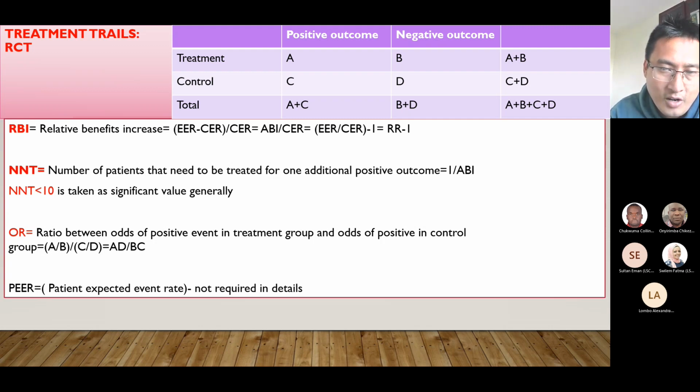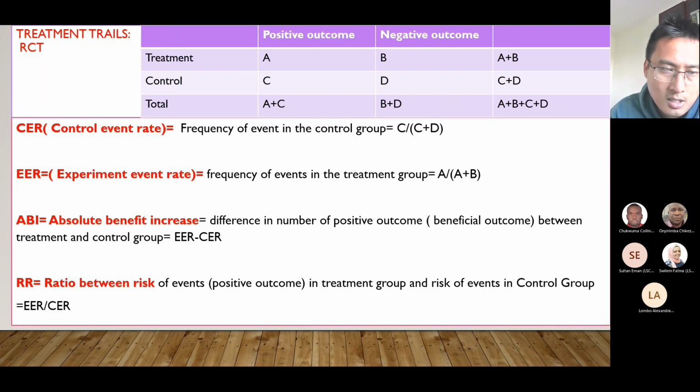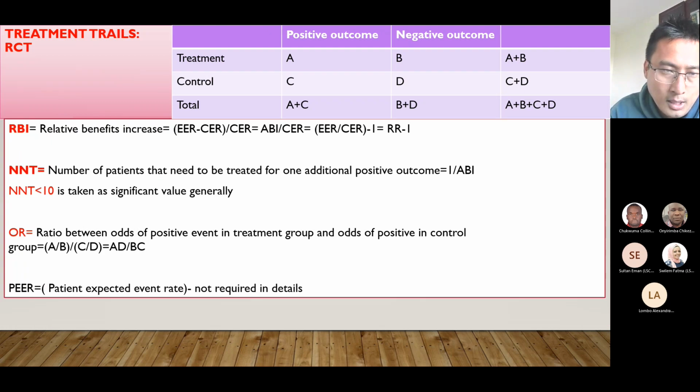The formula is 1 divided by ABI. ABI is basically EER minus CER, experimental event rate minus control event rate. Anything less than 10 is taken as significant. For NNT to be accepted, it needs to be less than 10.